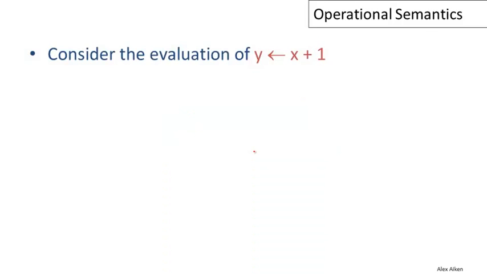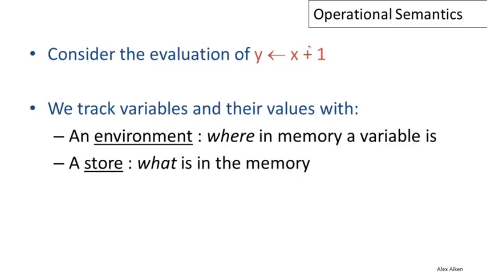Now, let's be a little more precise about what's going to go in the context. So let's consider the evaluation of an expression or a statement like y gets x plus 1. So we're going to assign y the value x plus 1. And there are two things that we have to know in order to evaluate this expression. First of all, we have to know where in memory a variable is stored.